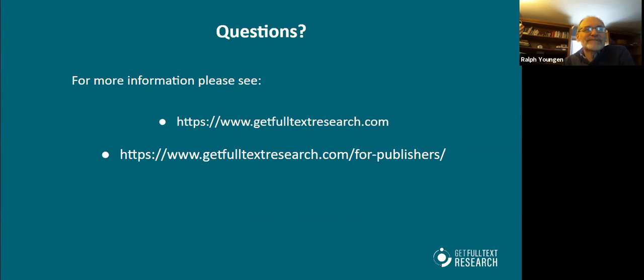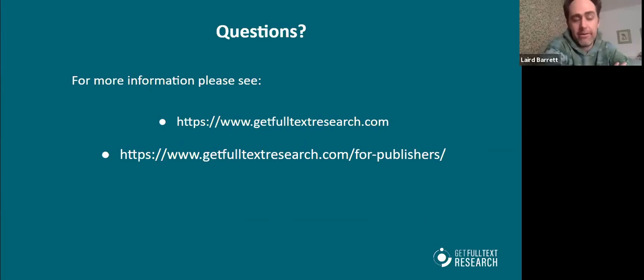Yep, sure. So we've been thinking about that aggregator use case specifically, and that scenario might come up, right, where the librarian subscribes to, or the user can access, the content either on the publisher site or on the aggregator site. So how do you handle those cases?